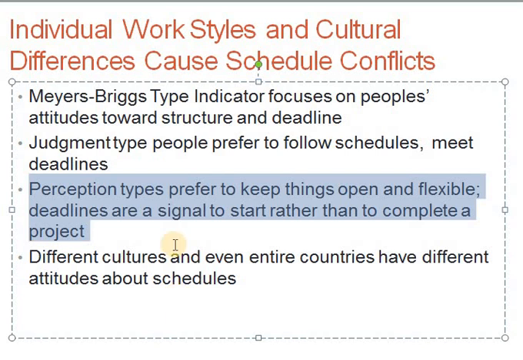They prefer things open and flexible. They don't think to follow a schedule. Here the deadlines are basically a signal which means to start the work rather than to complete the project.